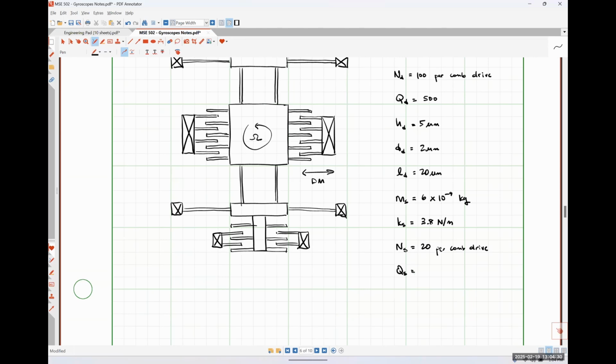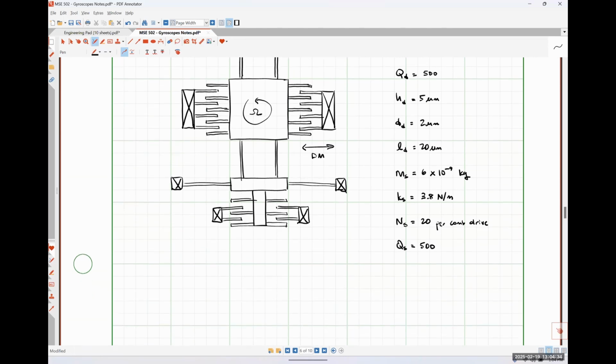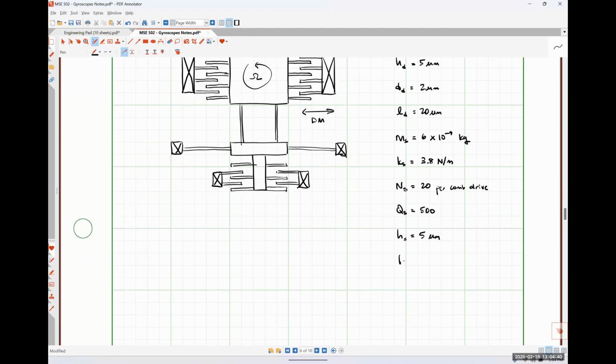Our quality factor will be 500. HS will be 5 microns. DS will be 2 microns. LS will be 50 microns.